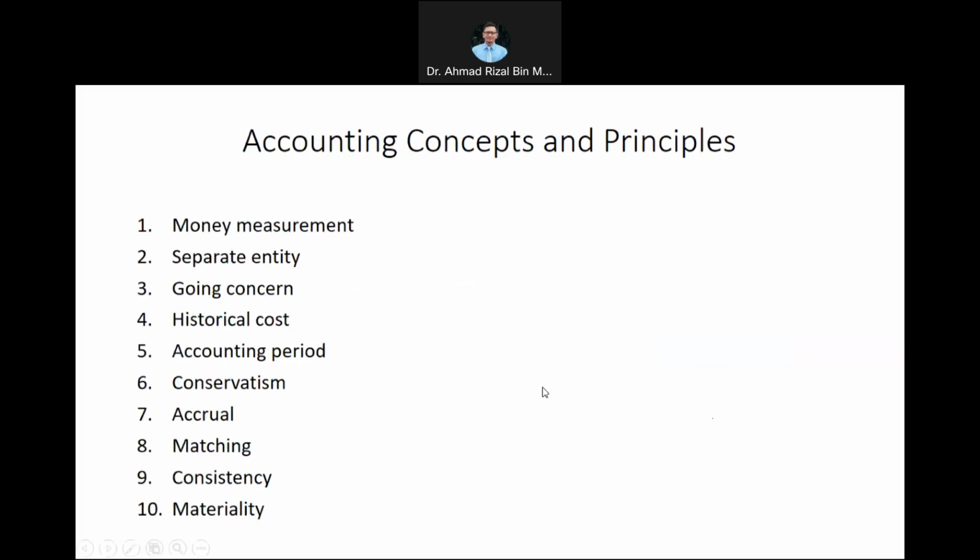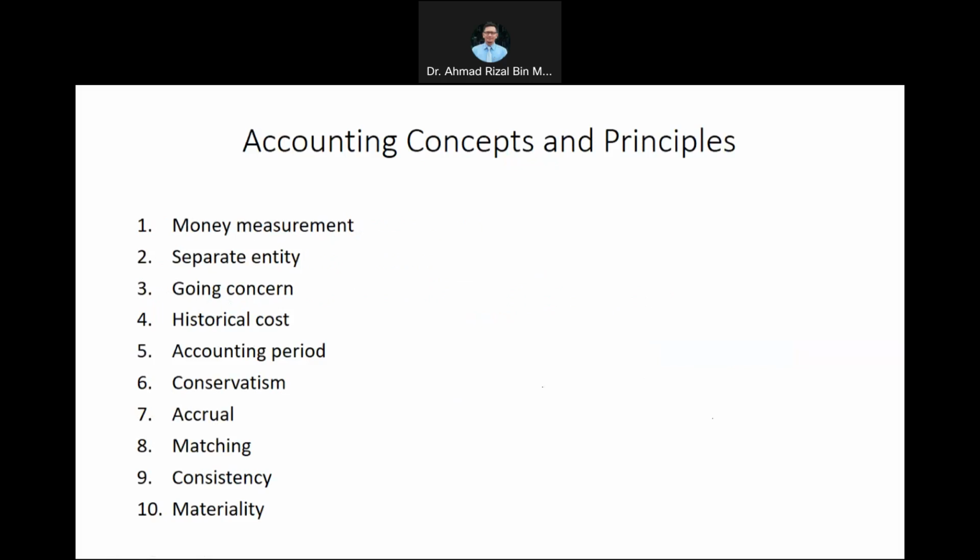Now, we start with the basic accounting concepts and principles. If you go through any accounting textbook, they will begin with these concepts and principles.